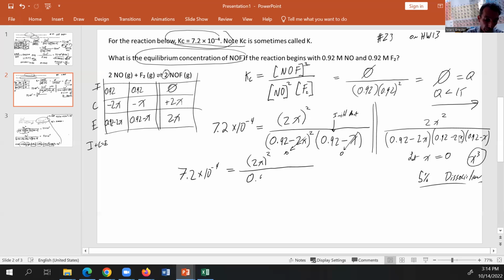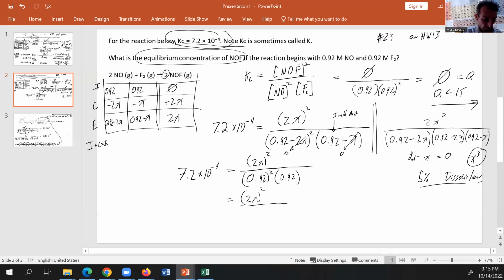So you get 0.92 squared times 0.92. So then it ends up being 0.92 in the denominator cubed. You can distribute that if you want, or I'm going to leave it like that so we can just take the square root.